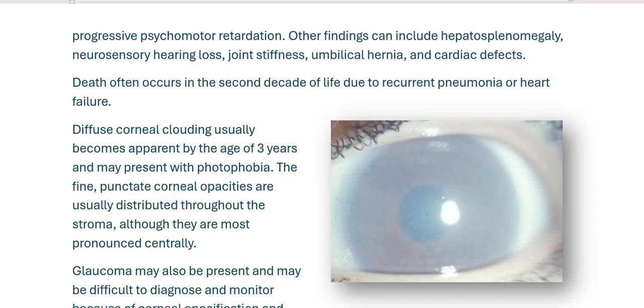Death in Hurler syndrome usually happens in the second decade of life due to recurrent pneumonia or heart failure. Most of these patients have anesthetic difficulties, so they are very hard to intubate.